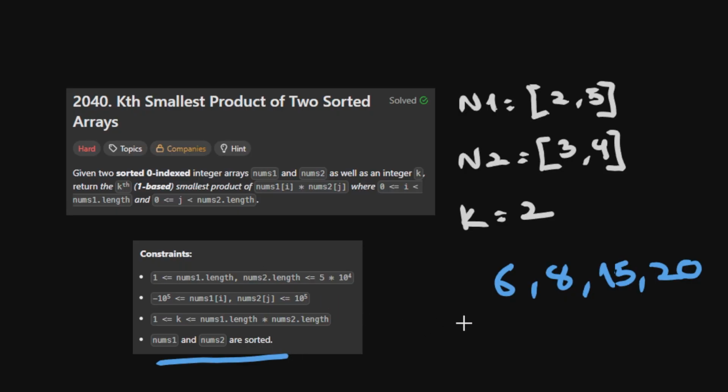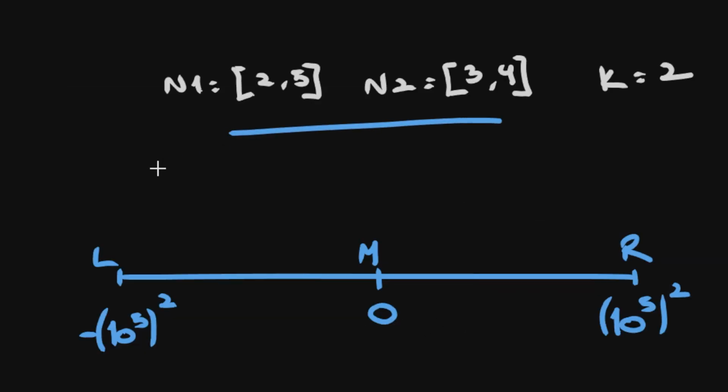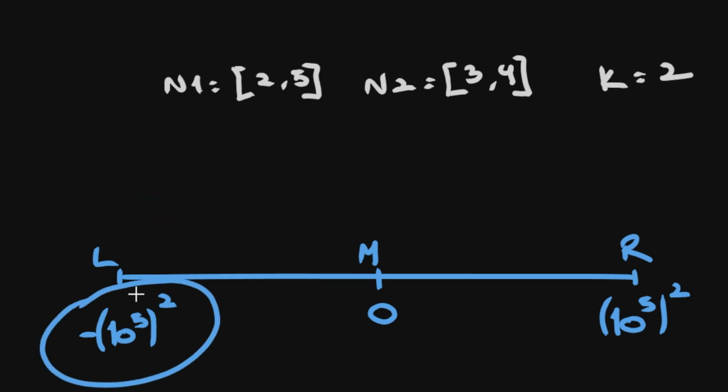Let's see how. Now let's say we have the same input and we run a binary search from the smallest possible product, meaning 10 to the power 5 times 10 to the power 5 negative. We can have negative values here. And the right bound will be 10 to the power 5 times 10 to the power 5 positive.